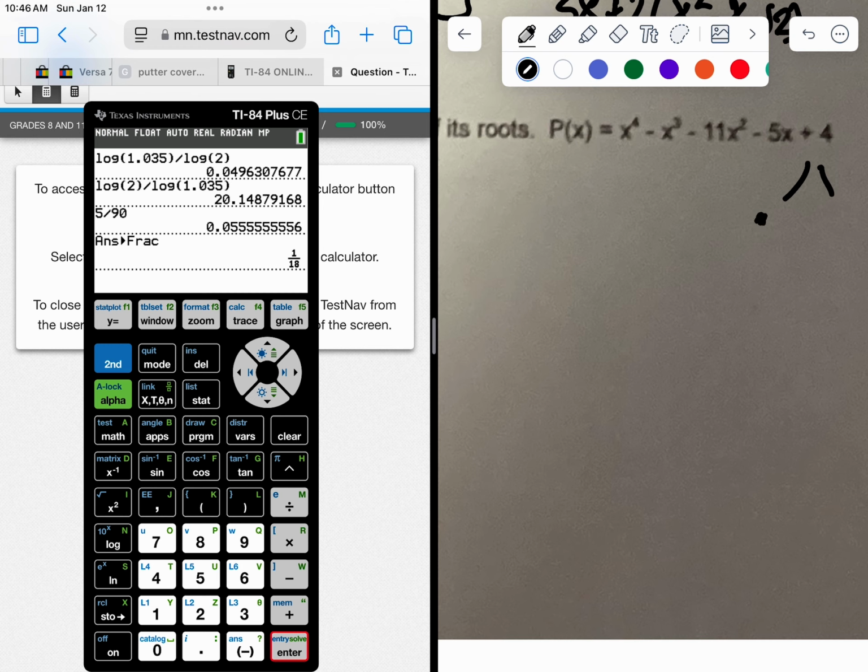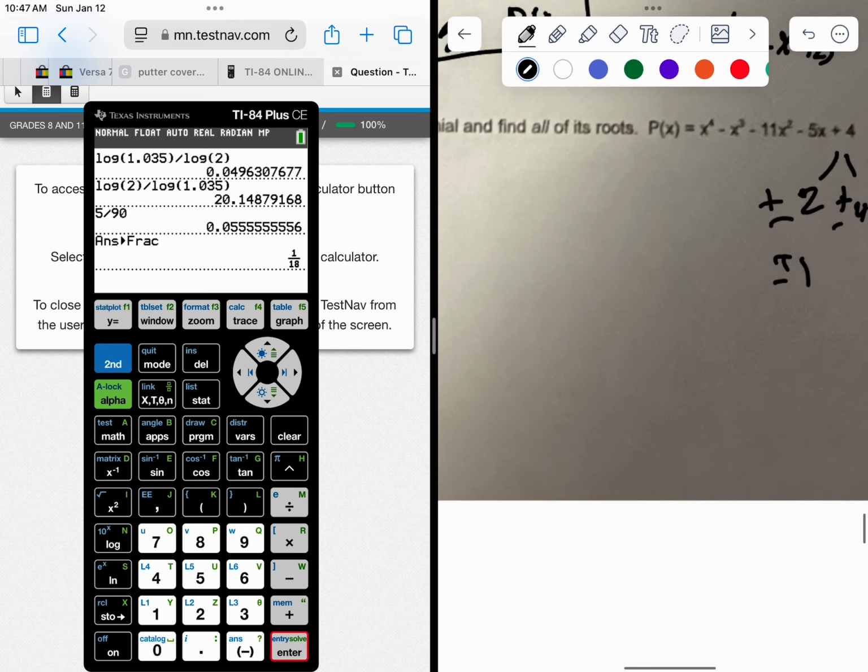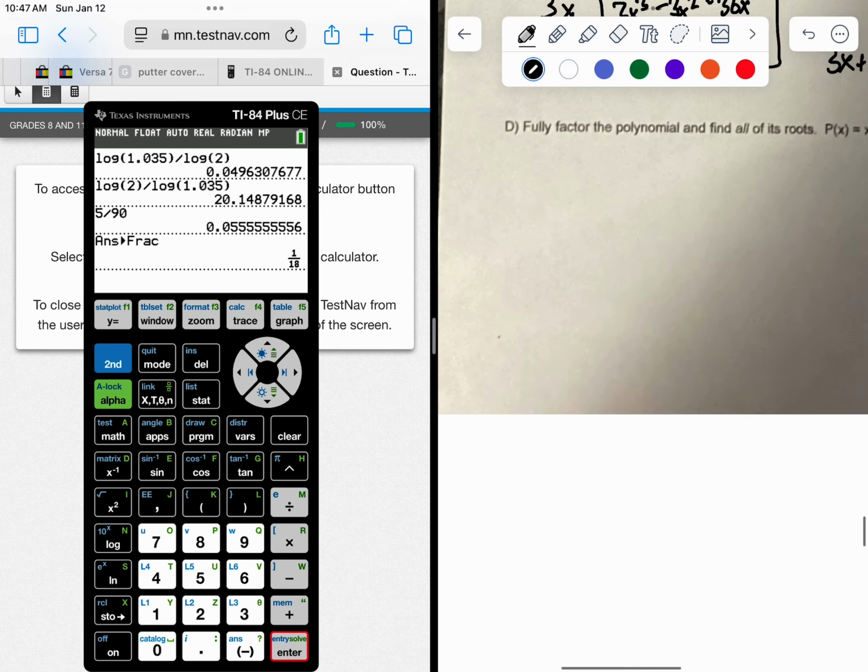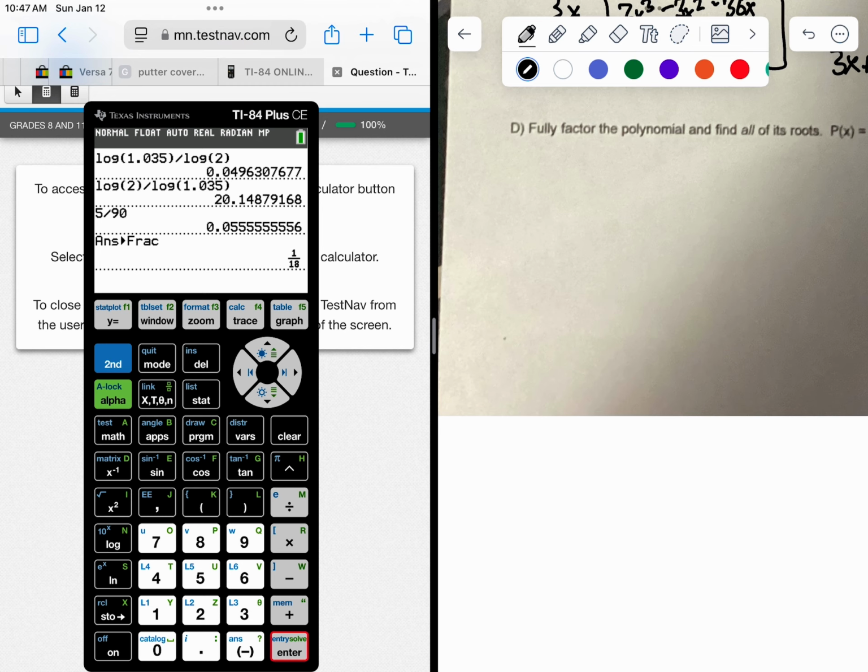I'll do plus minus 2 is a factor, or something that divides 4: plus minus 2, and plus minus 4, and plus minus 1. Alright, so we just gotta pick one of those 6 numbers. We'll do x plus 1.